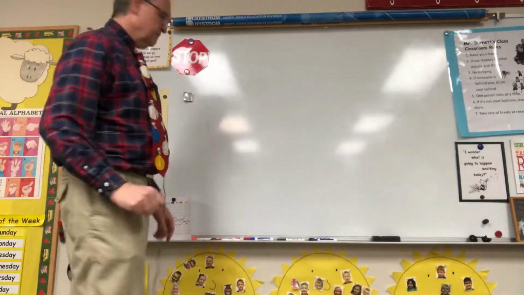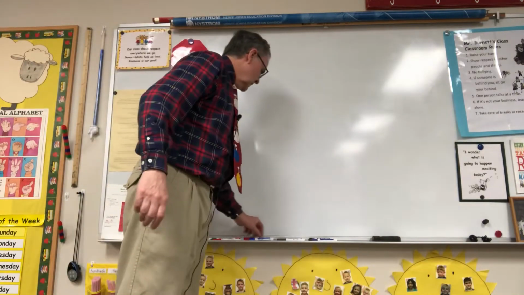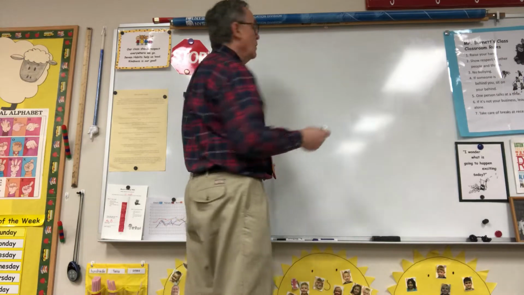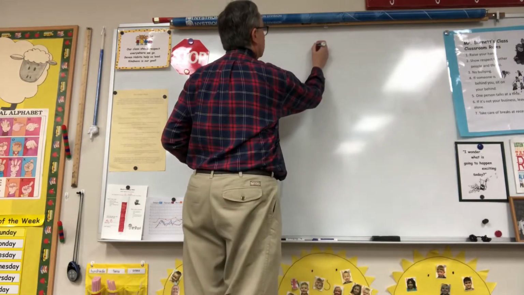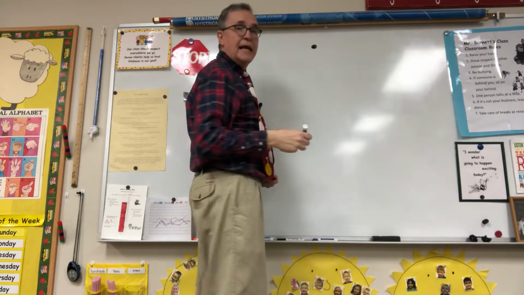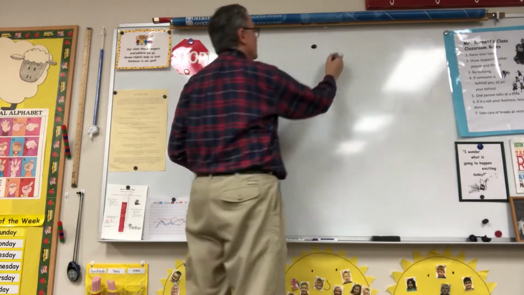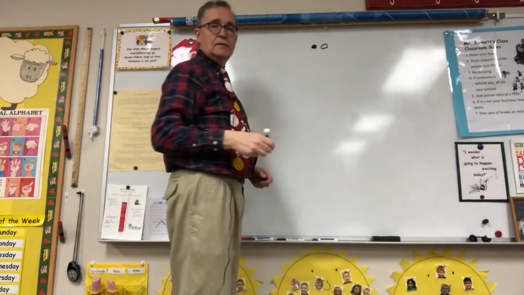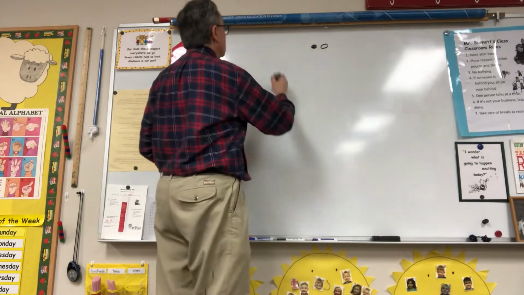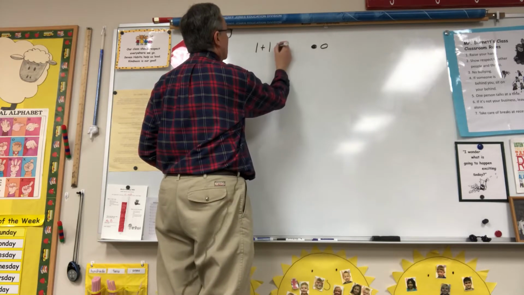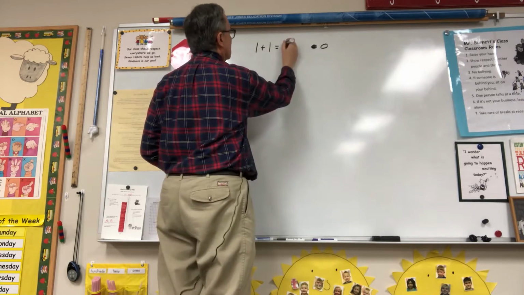All right. What I want to do is start drawing with one dot. And if I add one more to that dot, how many dots have I got? 1 plus one more equals 2.